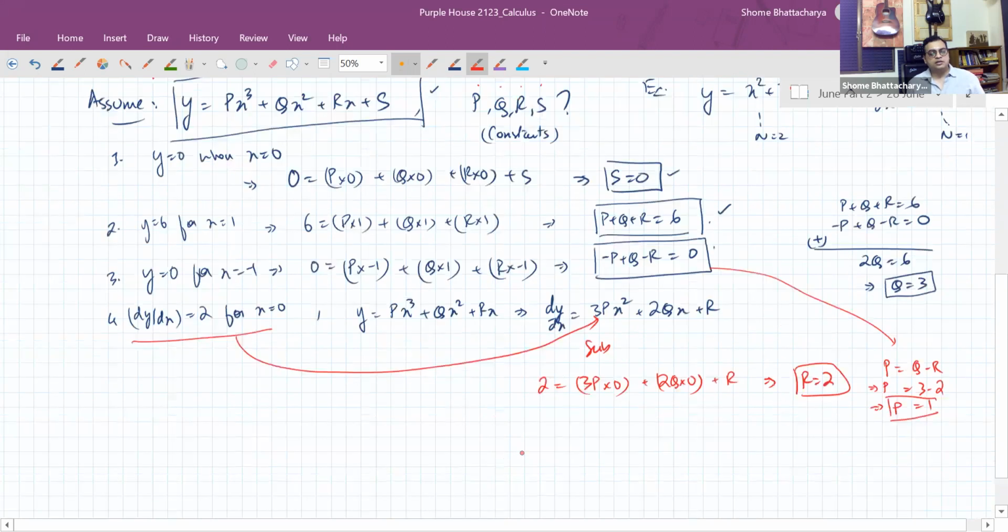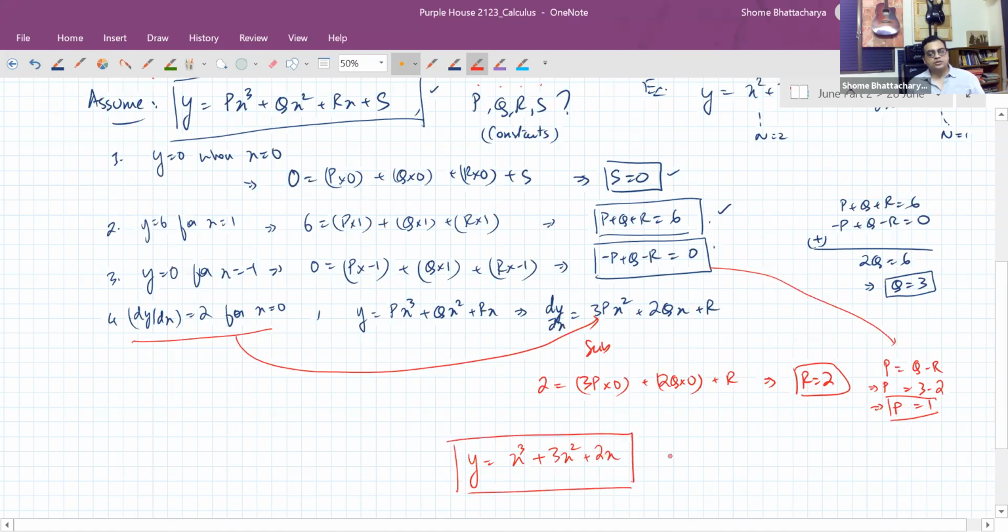So I know that y is equal to px cube, so that's x cube, plus qx square. Now q's value was how much? 3. Plus rx. So r's value is how much now? R's value is 2 and s is 0.